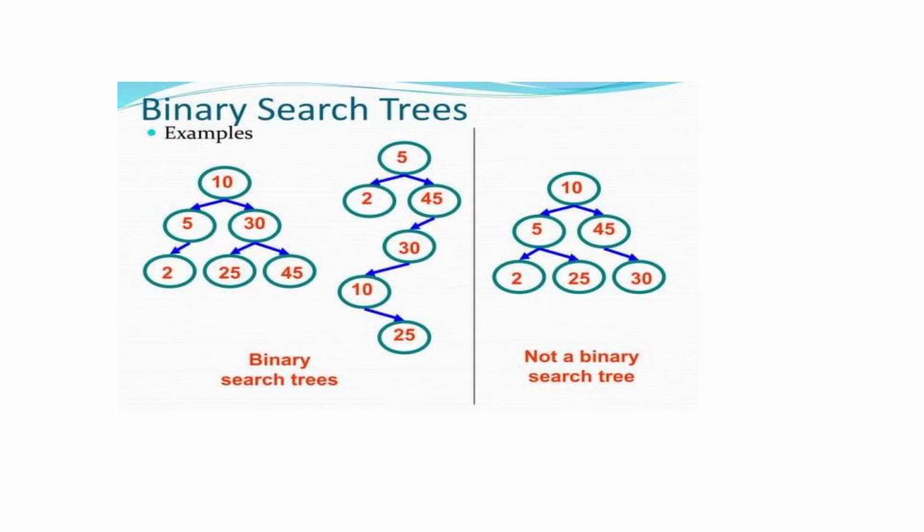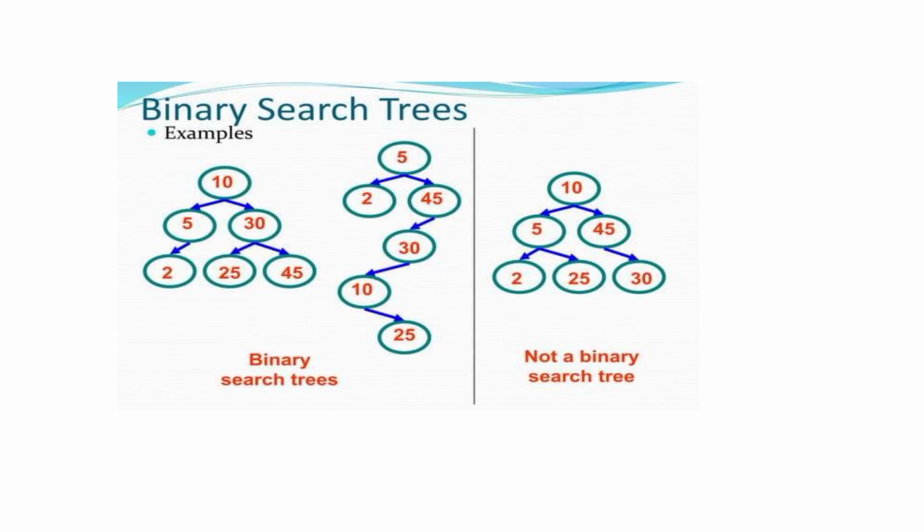For this root node there are two children, 5 and 30. The 5 is lesser than the root node and 30 is greater than the root node. So it follows the binary search tree concept. Here 5 contains only one node and 30 contains two nodes, which is normal, because a node can have at most two children: 0, 1 or 2.